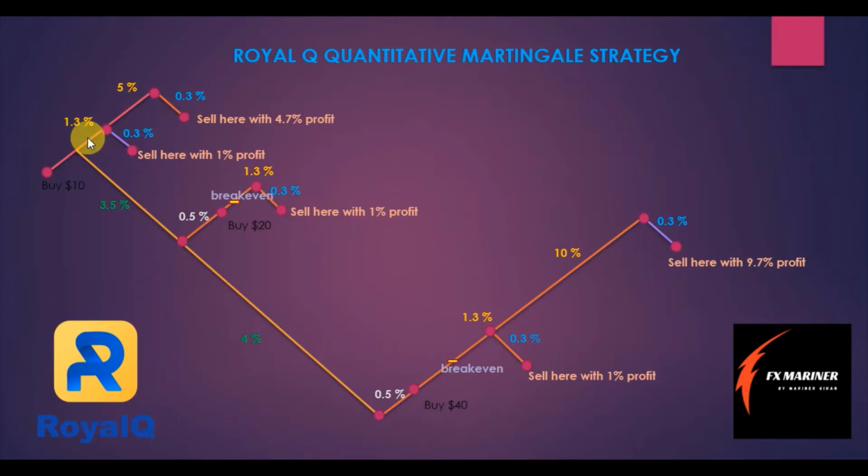In this case, if the price moves 5% and then the market moves down 0.3%, it will close here. So instead of 1.3%, due to the action of the bot here, you will get 4.7% profit. So that is how this bot works.